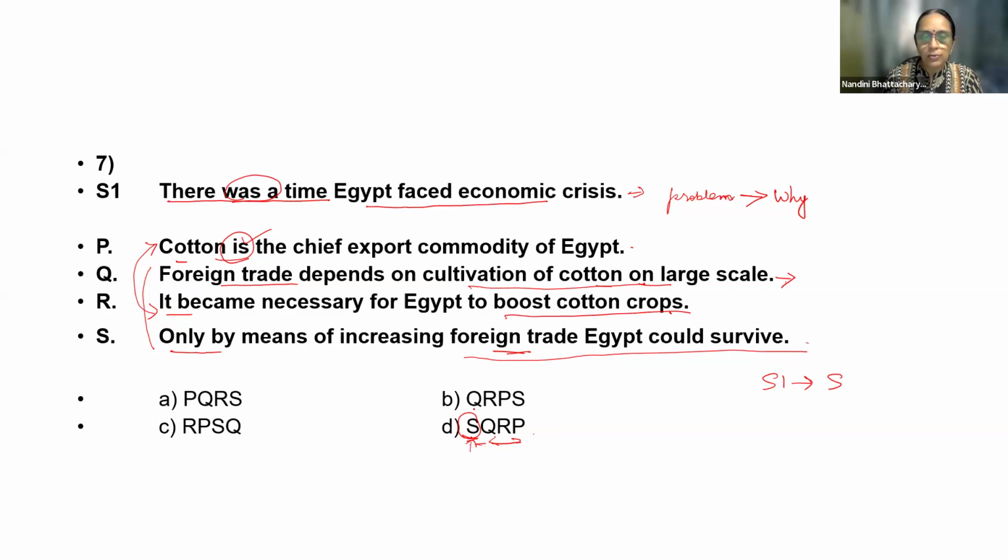So if you look at this, we had QR forming a mandatory pair. Here we have QR forming a mandatory pair, and even here you have QR forming a mandatory pair. But "only by means of increasing foreign trade, Egypt could survive" is an introductory sentence, or Q, which says "foreign trade depends on cultivation of cotton on a large scale." What will be your introductory sentence?